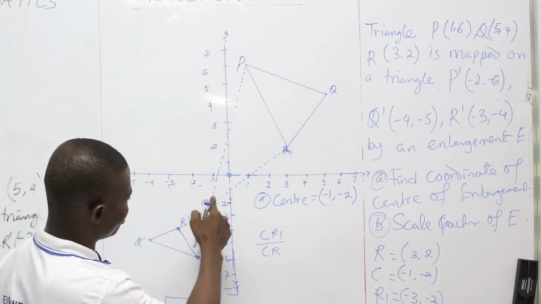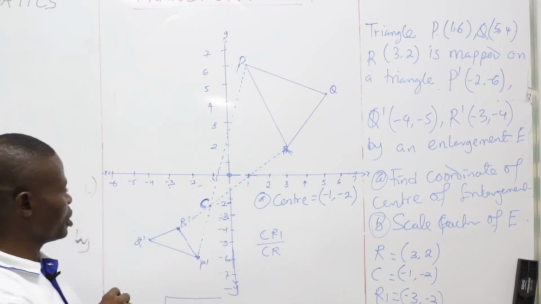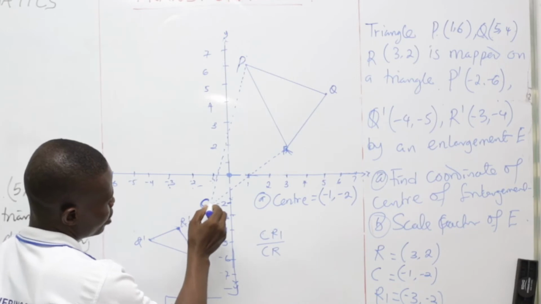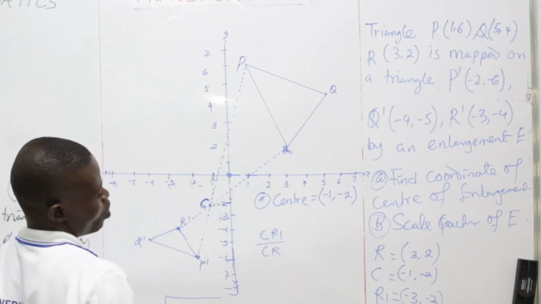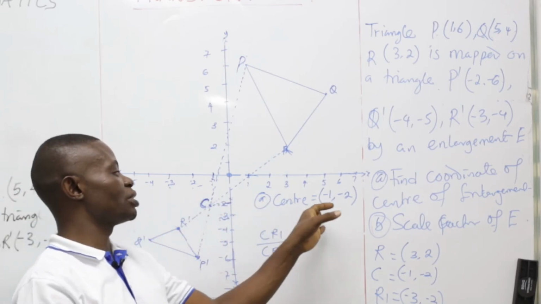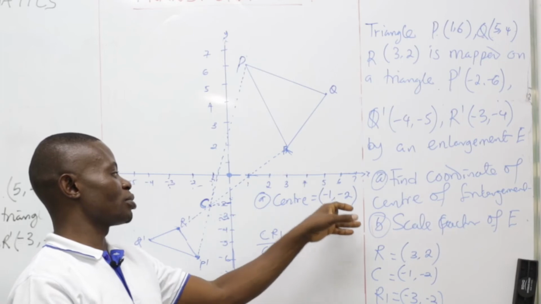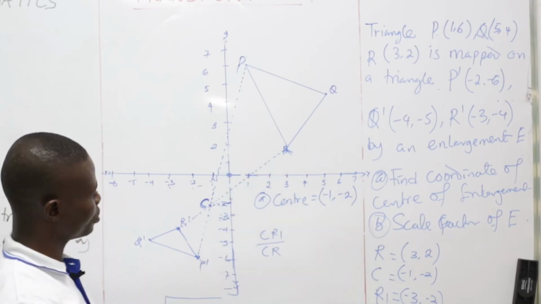You can see it boldly, C. You trace it: minus 1, minus 2. So the solution for the center of enlargement equals what? Minus 1, comma, minus 2.